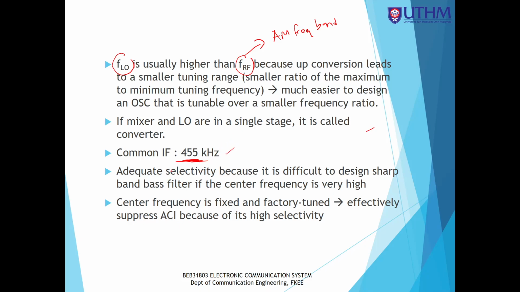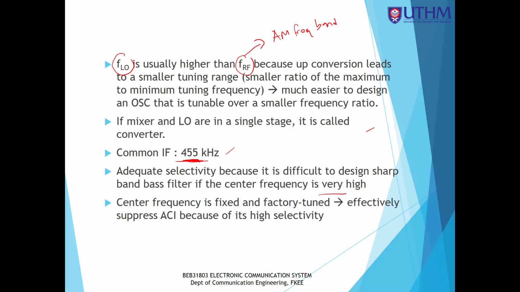Because it is an adequate value. It is enough for selectivity, because it is difficult to design a sharp bandpass filter when the center frequency is very high. 455 kilohertz is not very high. It is in the intermediate band, not too high and not too low. That's why the value 455 is chosen.